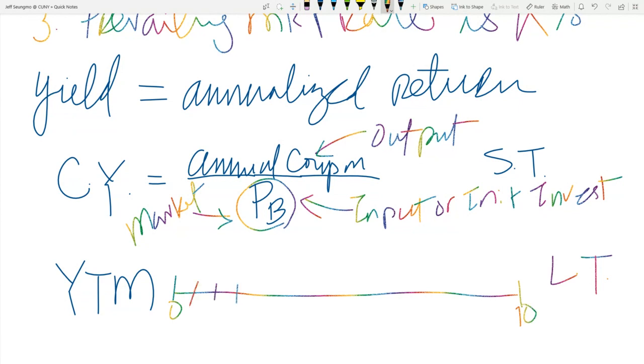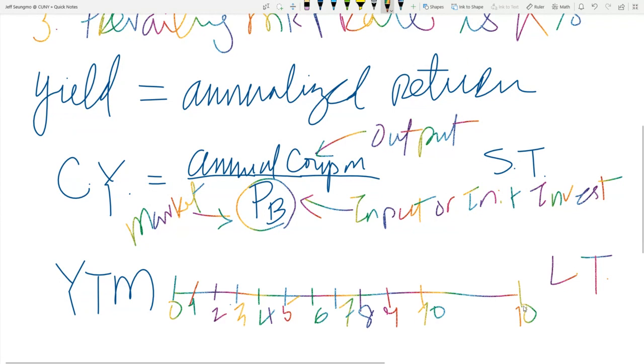So let's say 1, 2, 3, 4, 5, 6, 7, 8, 9, 10. All right. So in our example, what happened?